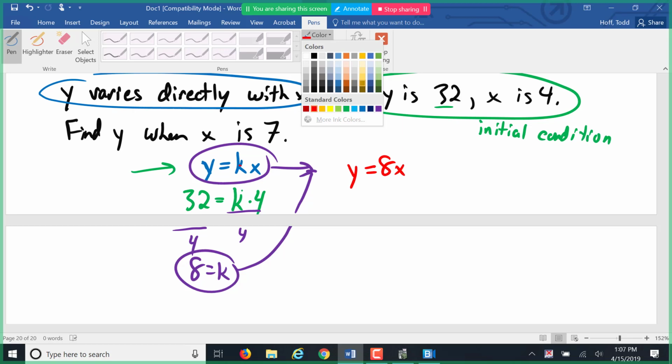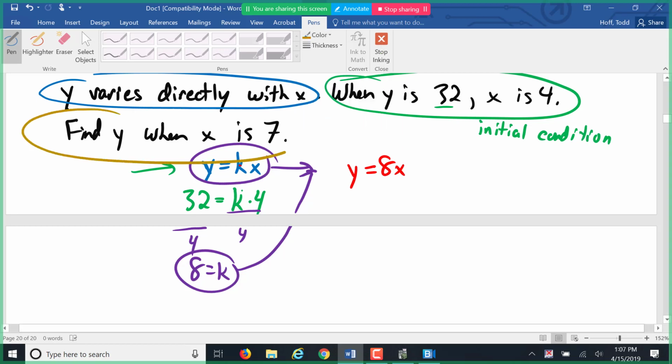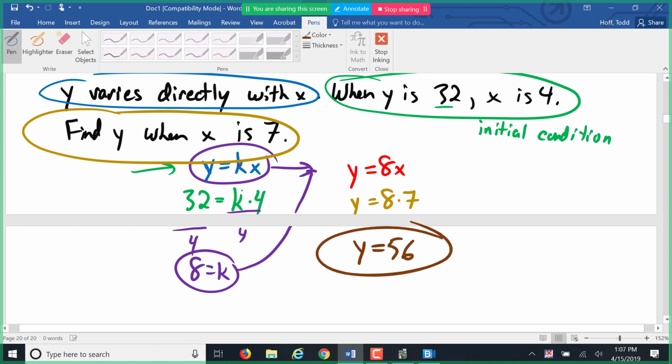And now we have that last final request, the question being asked: find y when x is 7. So y equals 8, we put 7 in for x. 8 times 7 is 56. So when x is 7, y is 56. Any questions there?